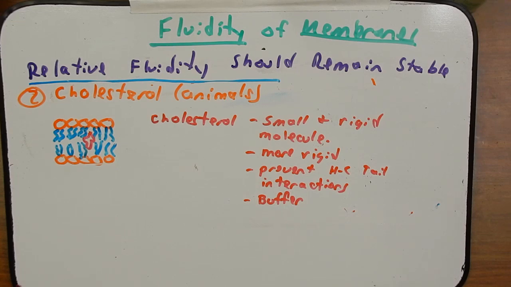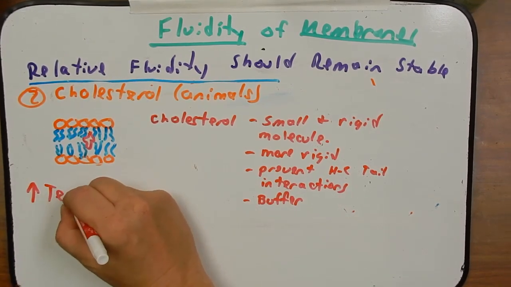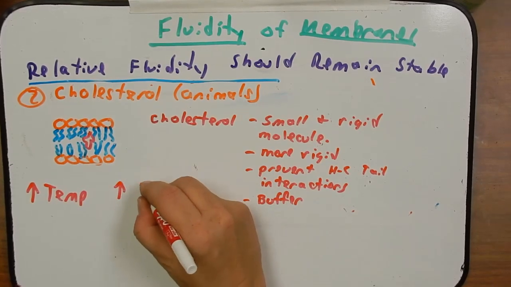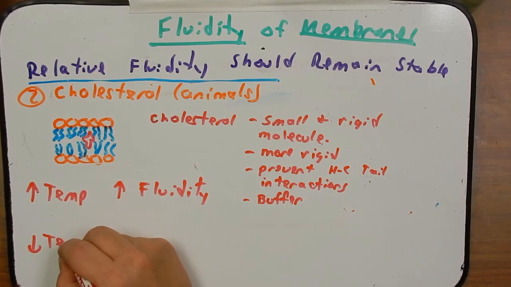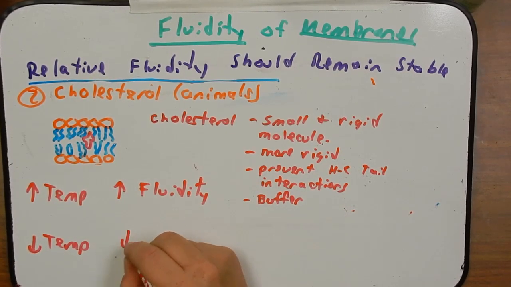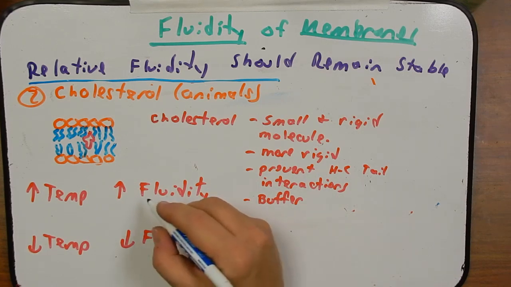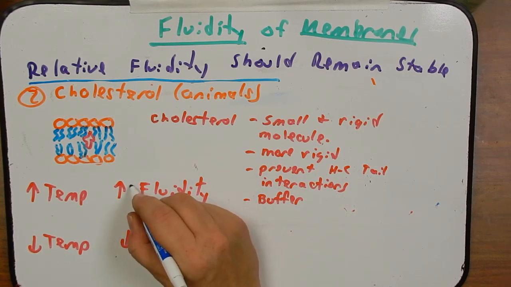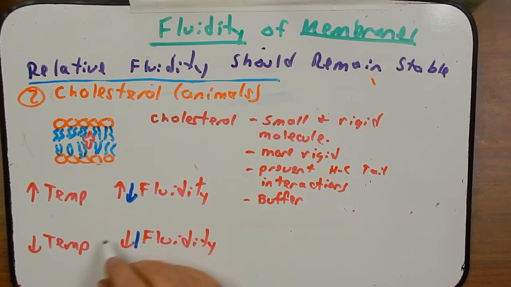So what's it do as this buffer? Well, we know that as temperature increases, you would predict fluidity to also increase. We would also expect as temperature decreases that the fluidity would also decrease. Cholesterol acts as this buffer and counters this raise in fluidity and decreases it. And at lower temperatures, it increases the fluidity.